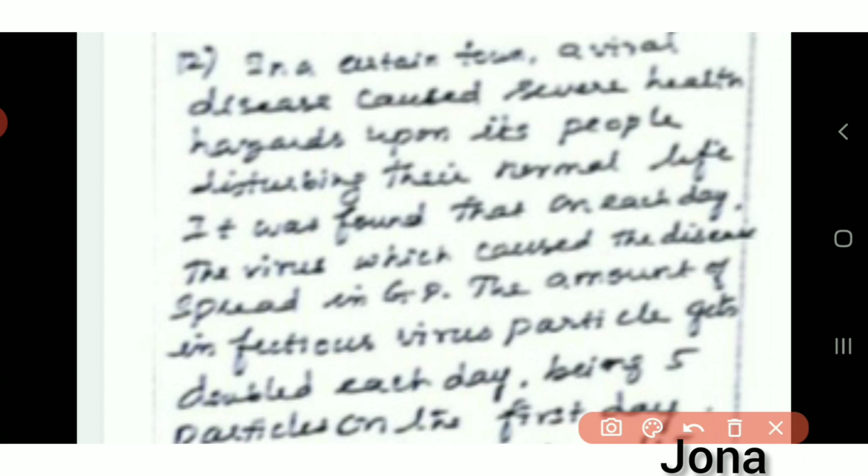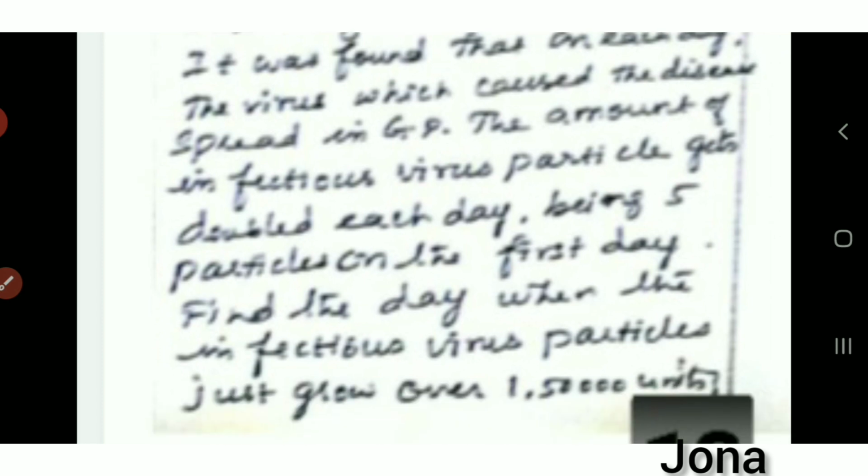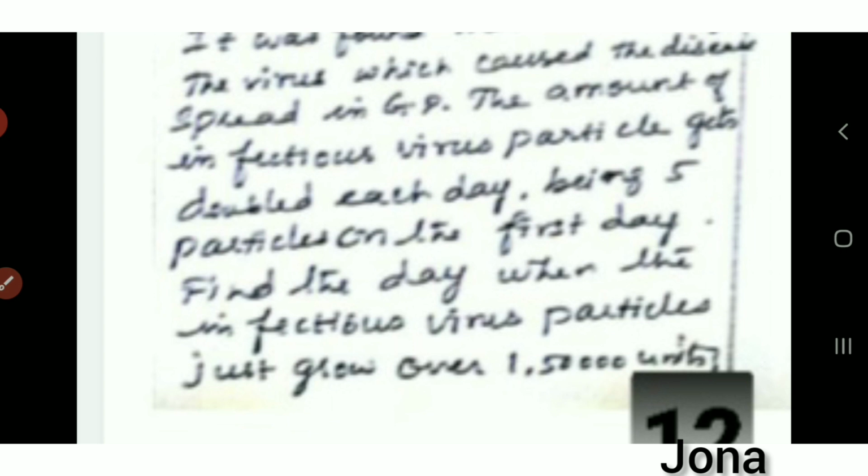The amount of infectious virus particles gets doubled each day, being 5 particles on the first day. Find the day when the infectious virus particles just grow over 1,50,000.